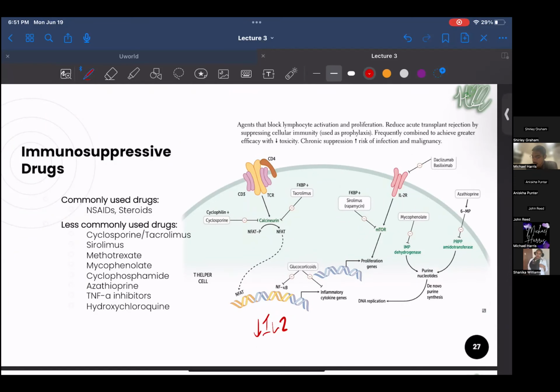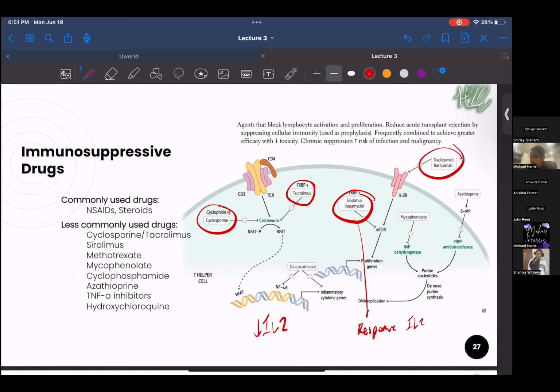All these guys do that. Tacrolimus and cyclosporin decrease IL-2 production. Sirolimus decreases the response to IL-2. So if you've already made it, this prevents it from sending the internal signal.